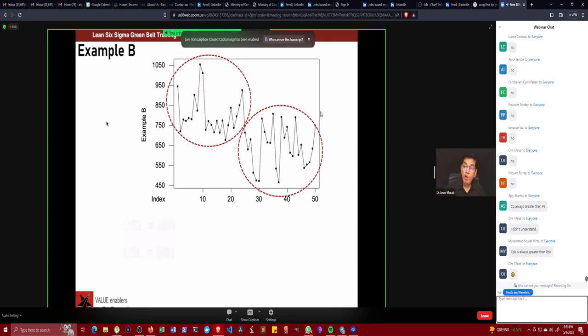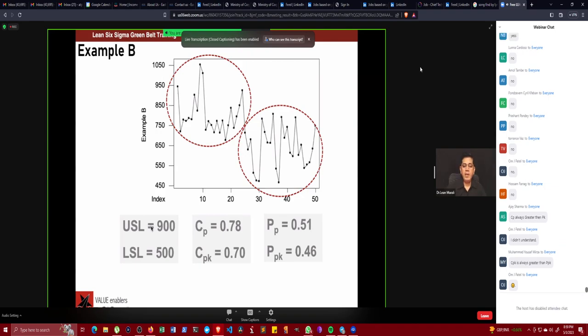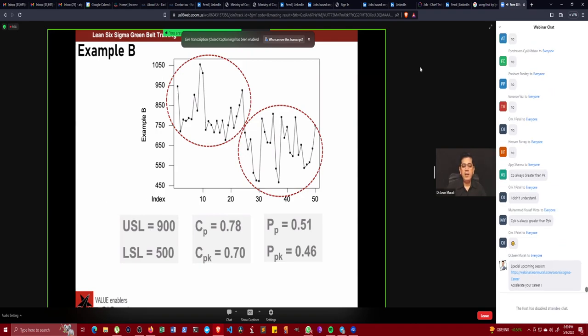But overall, if you see, the variation has become more. That is why PP and PPK have become less. The P cannot be more than C, because over a period of time, it will always deteriorate.